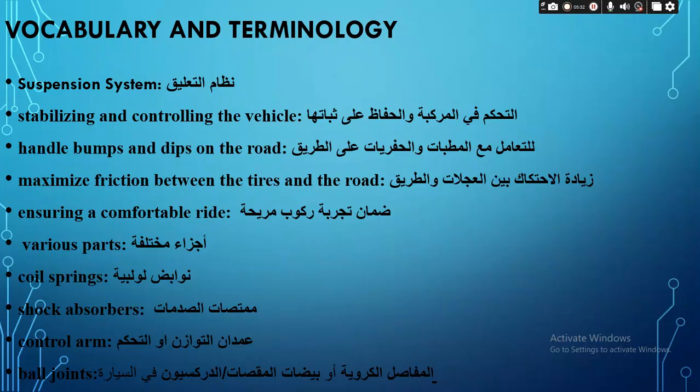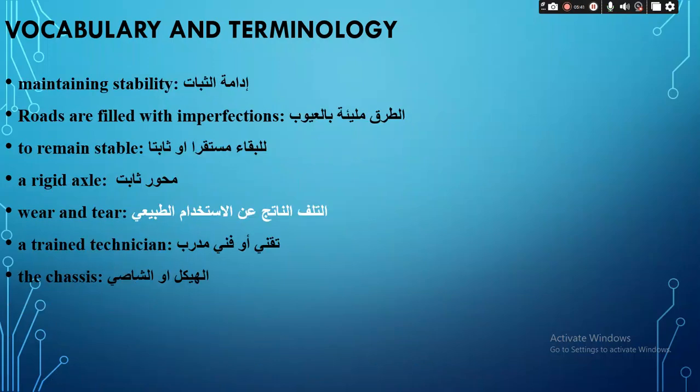Control arm. Ball joints. Maintaining stability. Roads are filled with imperfections. To remain stable. A rigid axle. Wear and tear. A trained technician. The chassis.